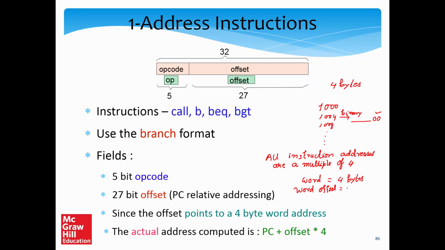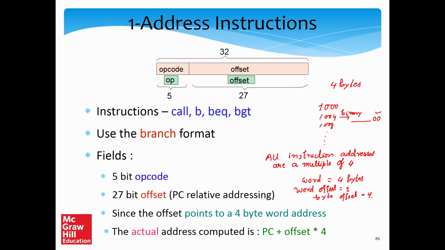So let's say if the word offset is 1, this means that the byte offset will actually be 1 times 4, which is 4. So the byte offset is equal to the word offset times 4. So the actual address that we will compute in this case will actually be PC plus offset times 4.